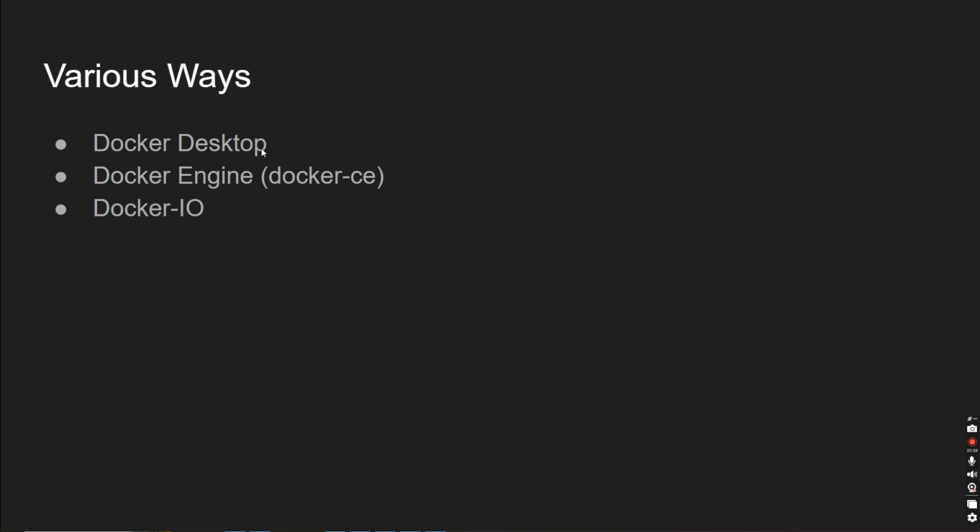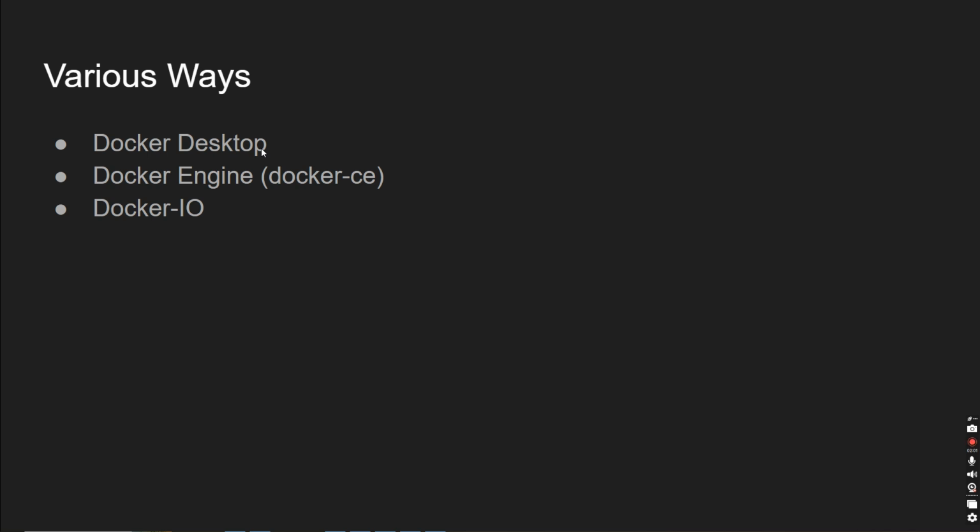There was something called Docker EE, Enterprise Edition, but it is no longer available. I think since 2023 Docker EE is no longer available. It is now part of Mirantis Container Runtime, a licensed version that is part of a different company.